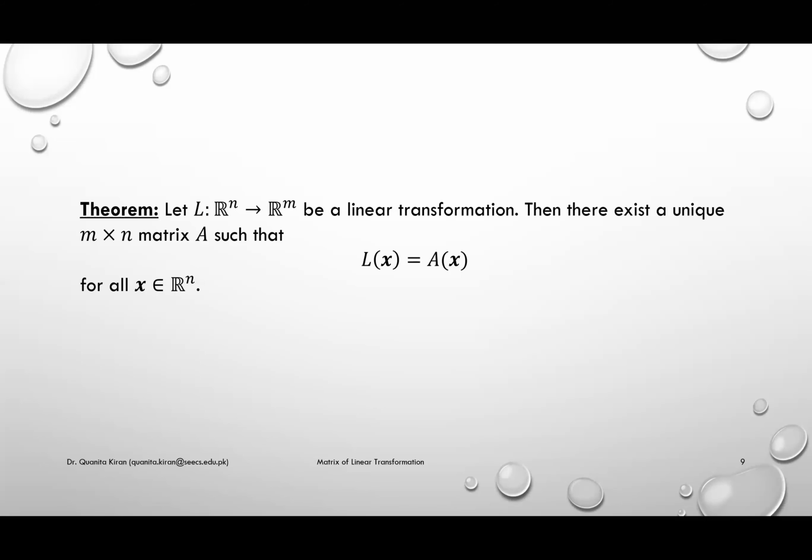The dimension of the matrix is M cross N because it has N columns, since the columns are the images of the basis vectors of Rn, and M rows.